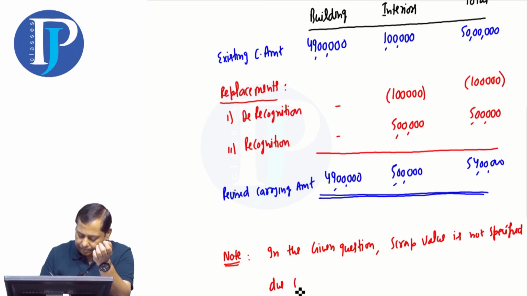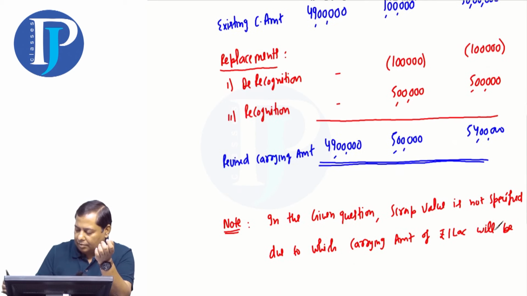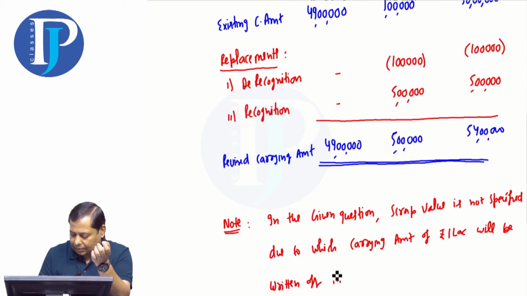Due to which, the carrying amount of 1 lakh rupees will be written off in profit and loss as loss on replacement.